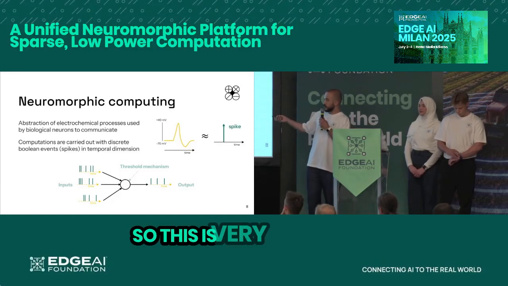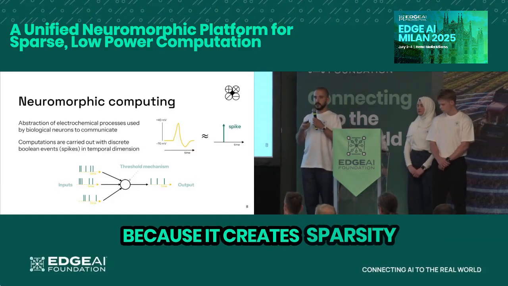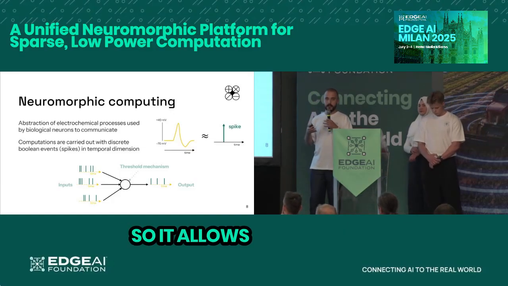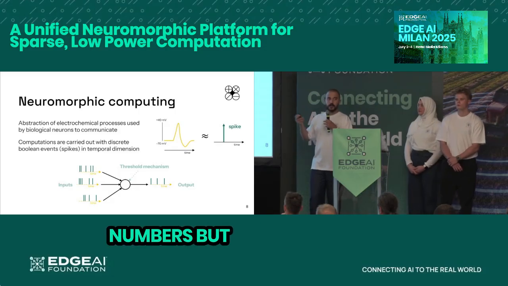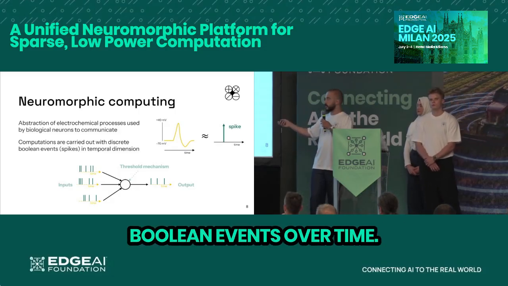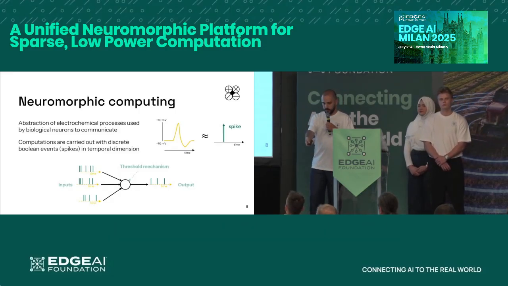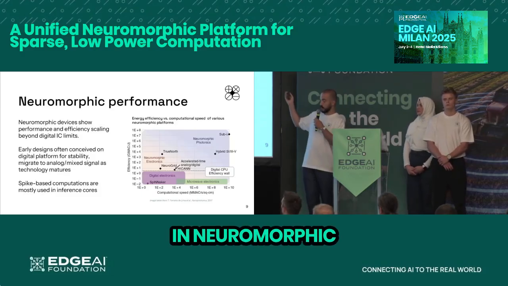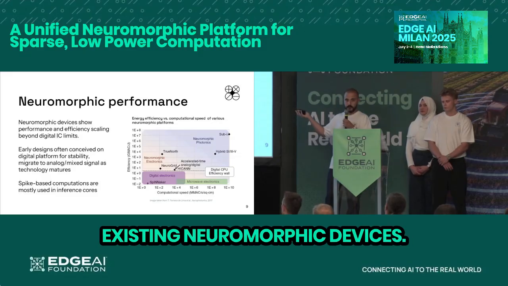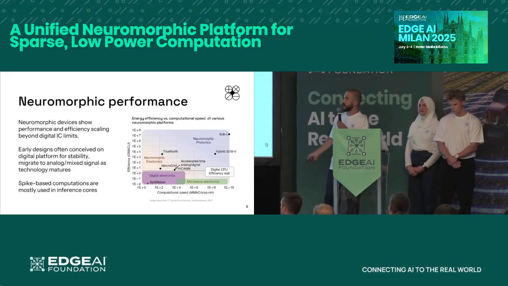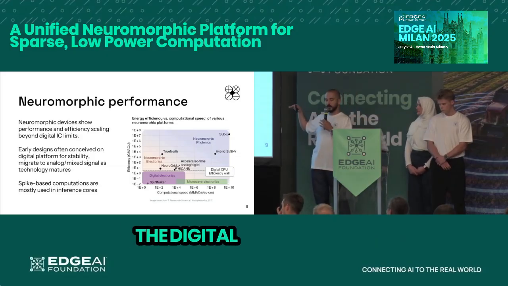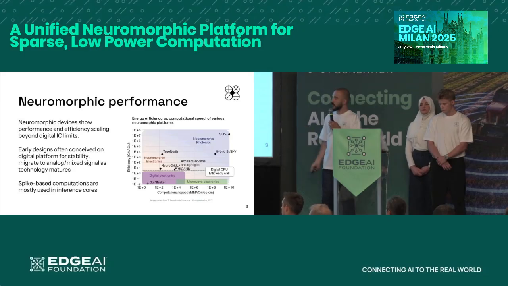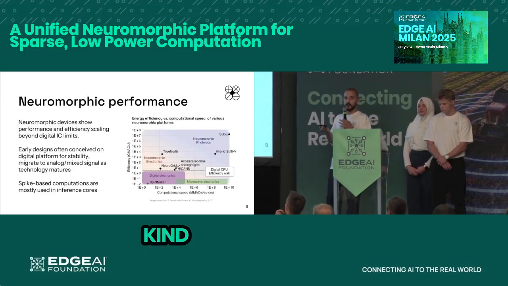This is very attractive because it creates sparsity in the network, so it allows us to save a lot of energy by not crunching numbers, but processing these Boolean events over time. And we're already seeing that in existing neuromorphic devices. There's already proof that this type of technology can scale beyond the digital circuit limits, even though it's still kind of an early tech.